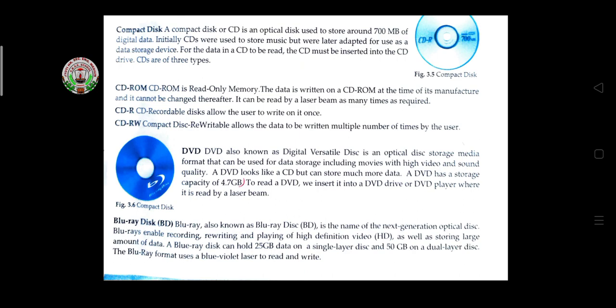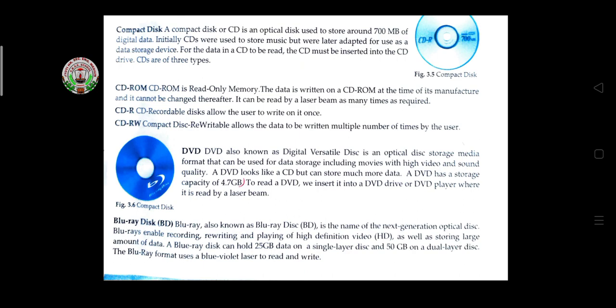DVD has more storage area than CD. Suppose you are saving a movie to CD, then one CD gets full, and you need a second CD to complete that movie.